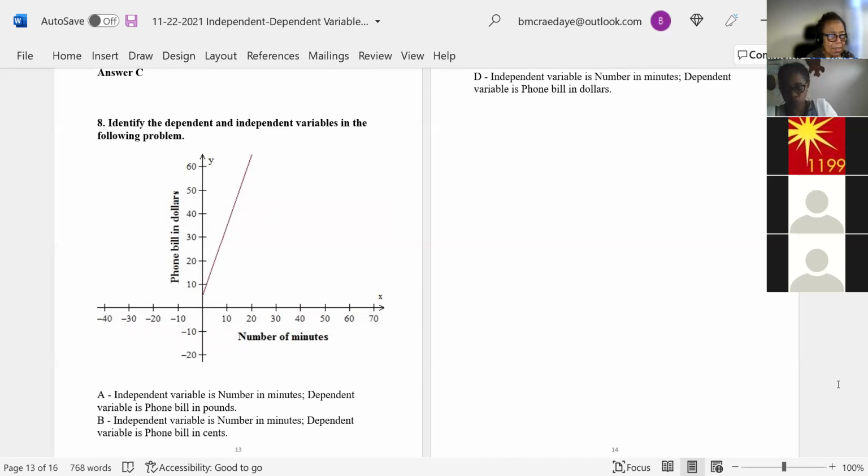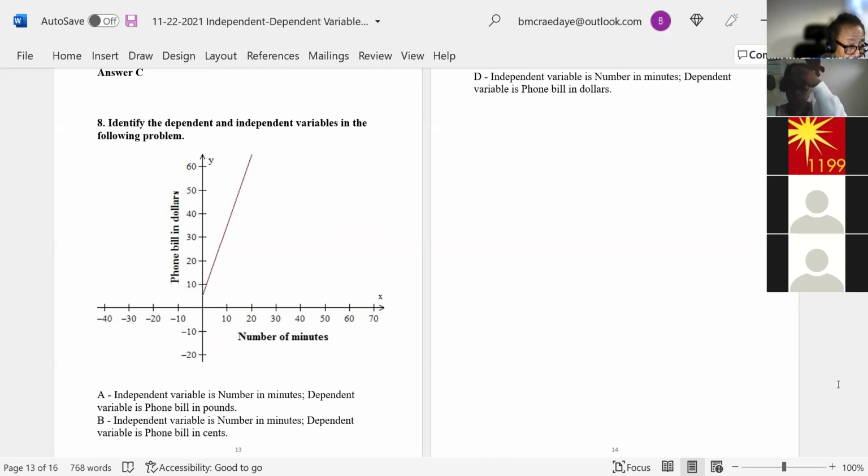The number of minutes is dependent upon the phone bill? Your phone bill now. What determines what you pay on your phone? The amount of what you pay on your phone depends on the amount of minutes that you use.